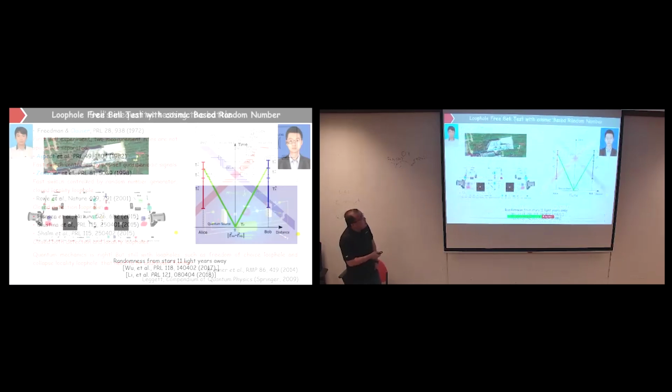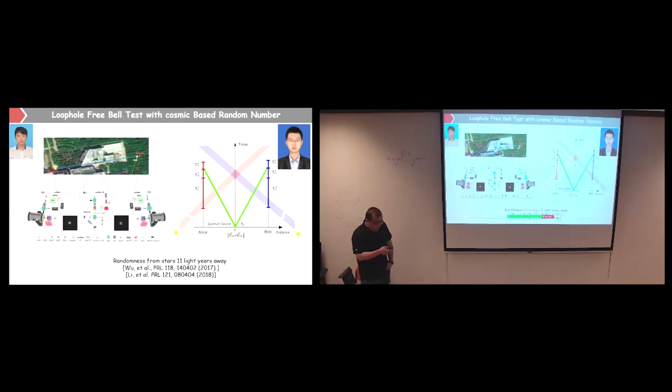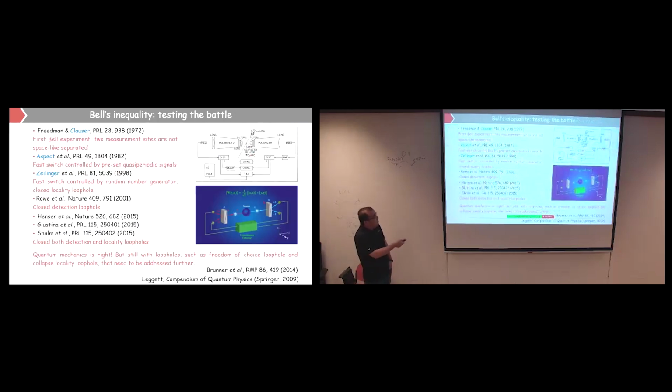And here we also did an experiment, because even with these three loophole-free experiments, they still need to choose the basis, because if you want to do the Bell state measurement, you have to choose your basis. Then how could you choose your basis? They use a random number generator to choose the basis.